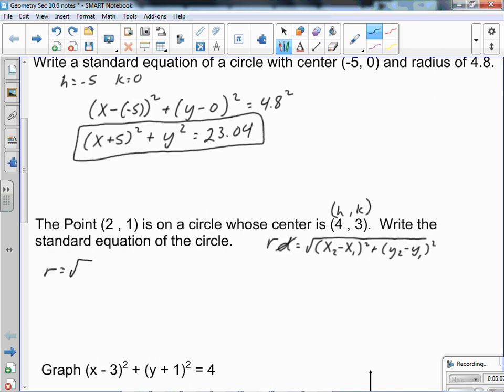Our radius then is going to be x2 minus x1. So (4 minus 2) squared. And then y2 minus y1, (3 minus 1) squared.